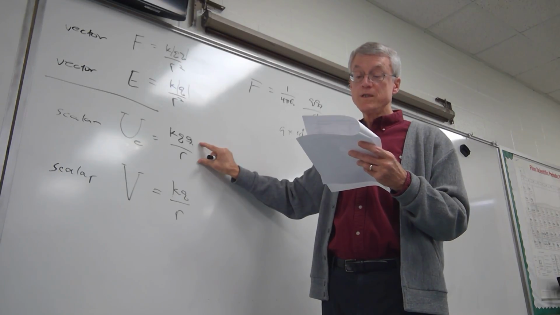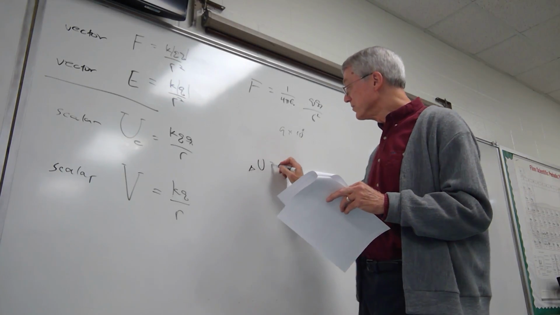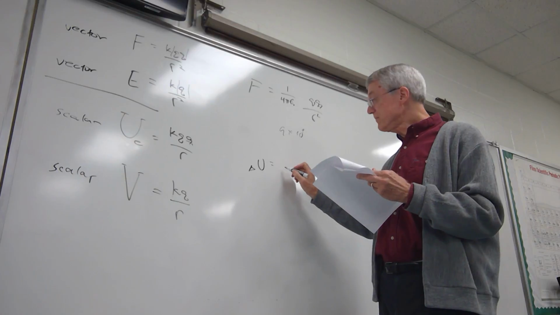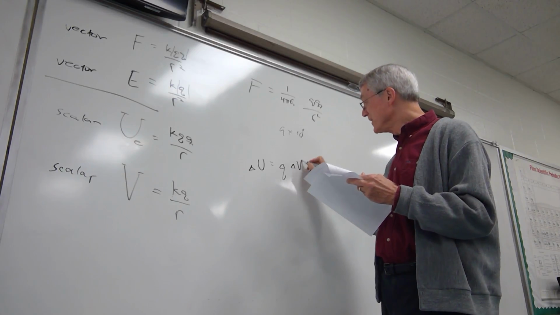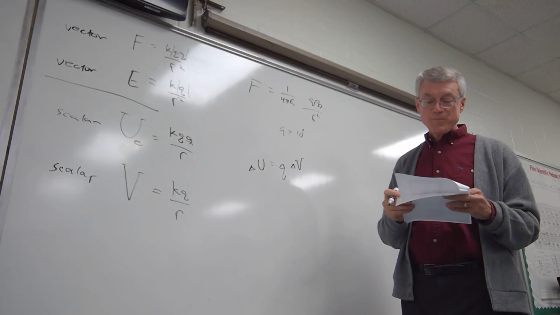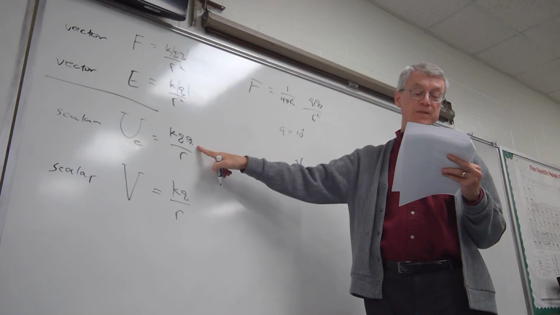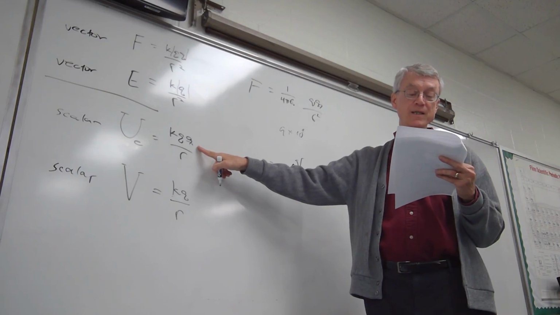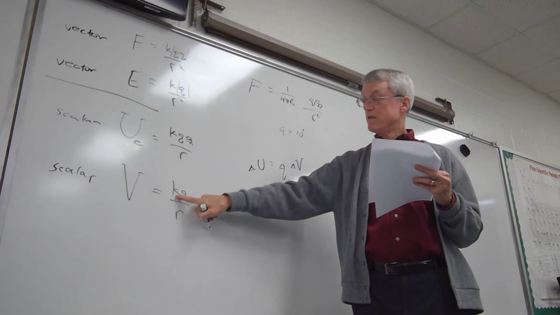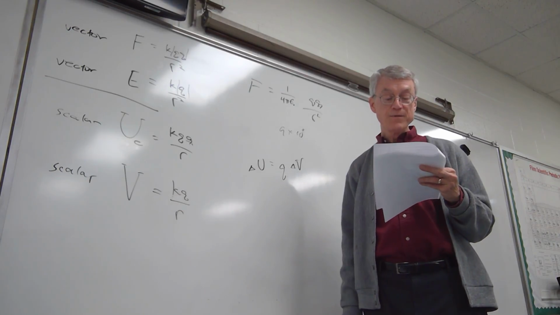Your equation sheet writes it with deltas. Delta U is equal to Q delta V. But that's just U equals QV, the way I remember it. But it doesn't have the Q over R, sorry, not on there. It does have V equals 1 over 4 pi epsilon Q over R. It's got that one.